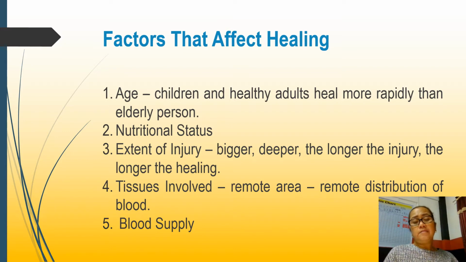Na kipot na siya, narrow na ang size of blood vessel. So, syempre, the more remote the area, the longer the healing process because of the remote distribution of blood. Number 5 is blood supply. Same as tissues involved, the remote area has poor blood supply and poor healing process.